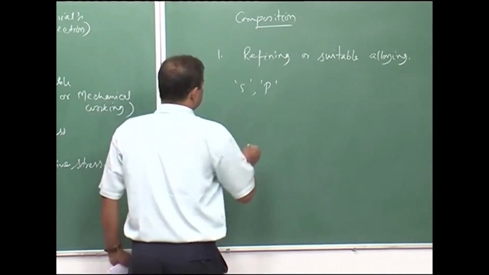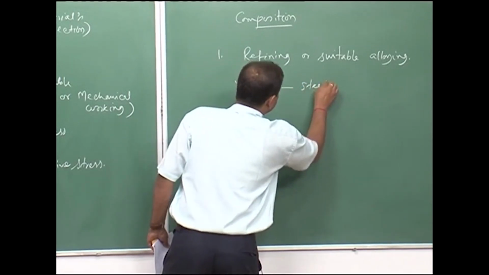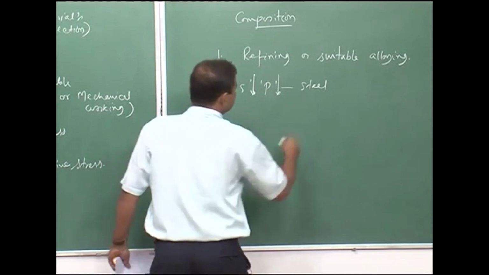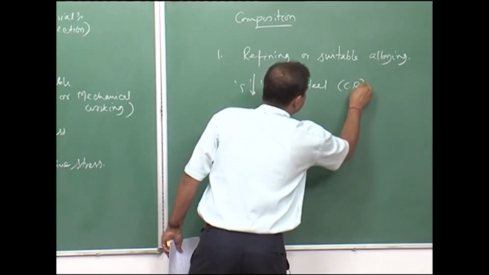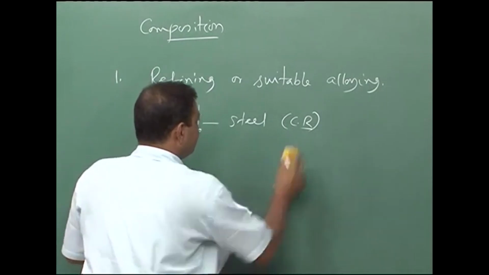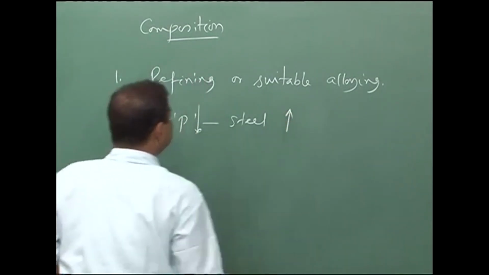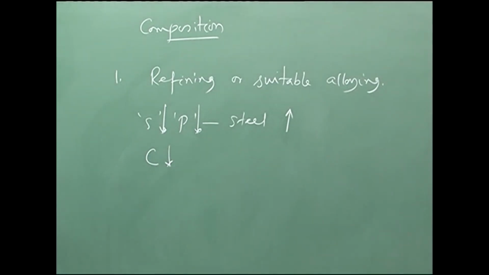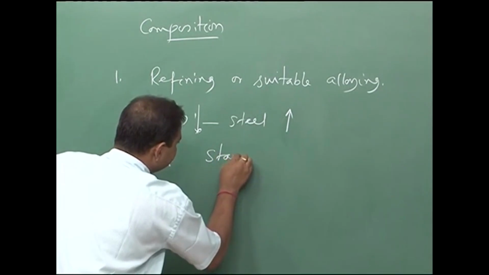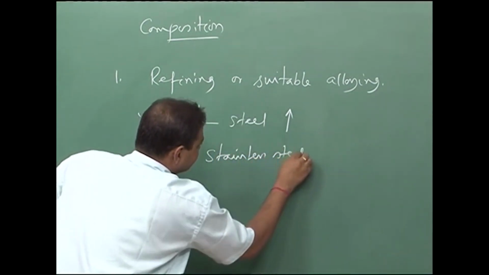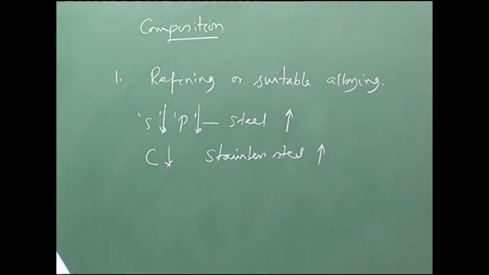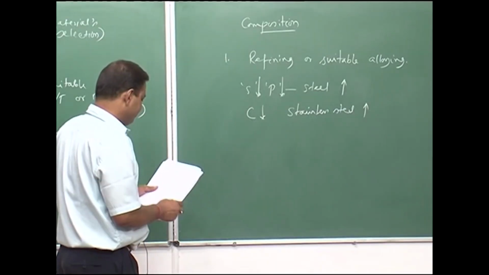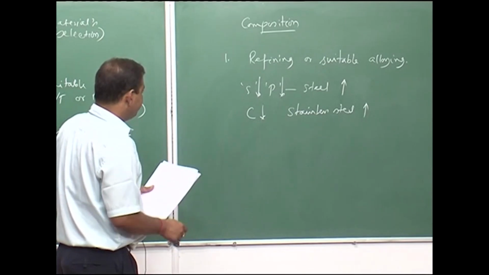This is steel, if we reduce these two elements, corrosion resistance, CR, I am putting corrosion resistance, improves. Even if we get rid of carbon from stainless steel, we can increase the corrosion resistance. Now, we can also think of alloying, by which the corrosion resistance can be improved.